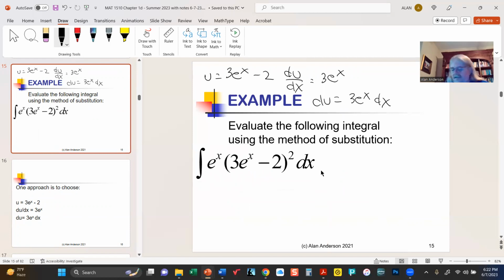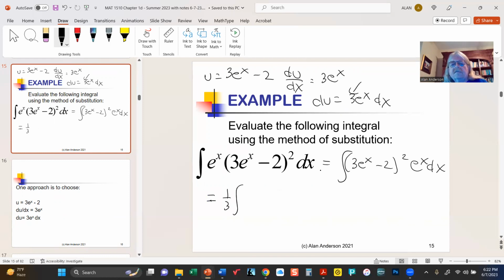Oops. And so we'll rewrite it slightly. And you'll see that we're missing the 3, so we'll supply it ourselves. So we got 1/3 the integral of u squared du.